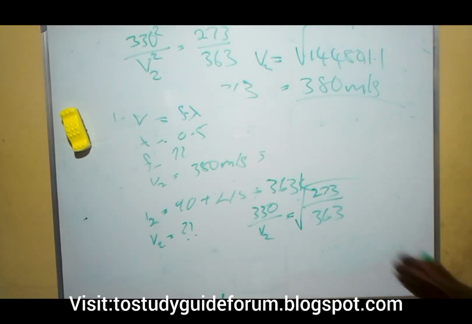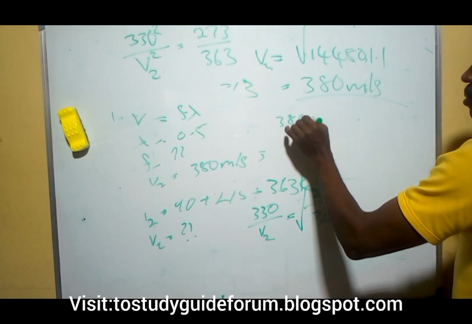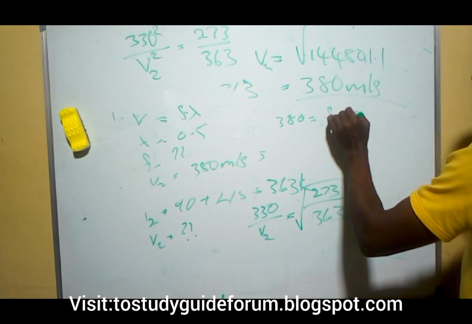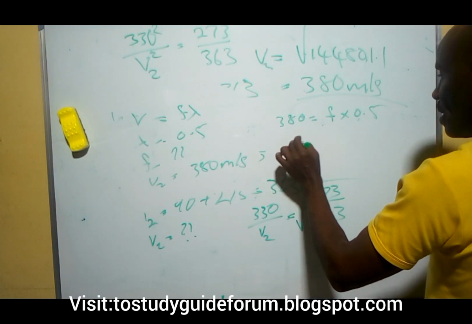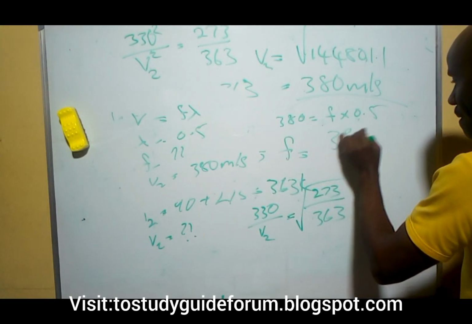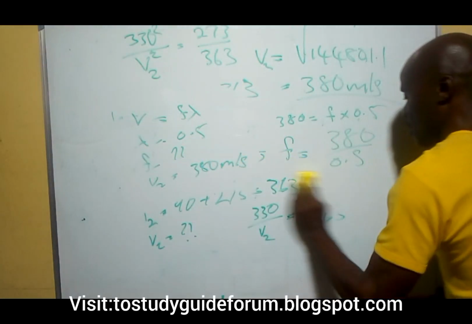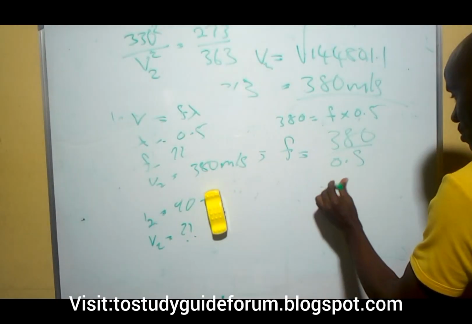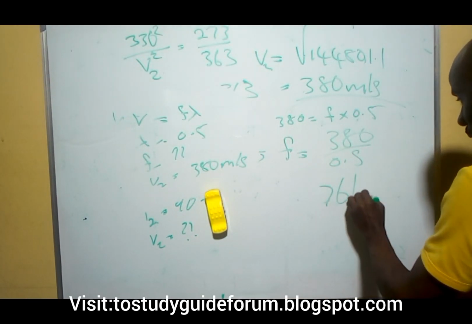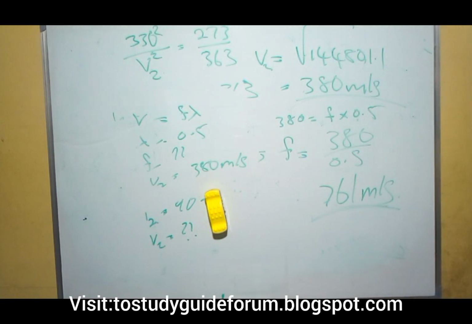Then when we substitute for that, we have 380 equal to F times 0.5, and then we divide. When we divide it, we have 380 over 0.5. So our final answer here will then be 761 meter per second.